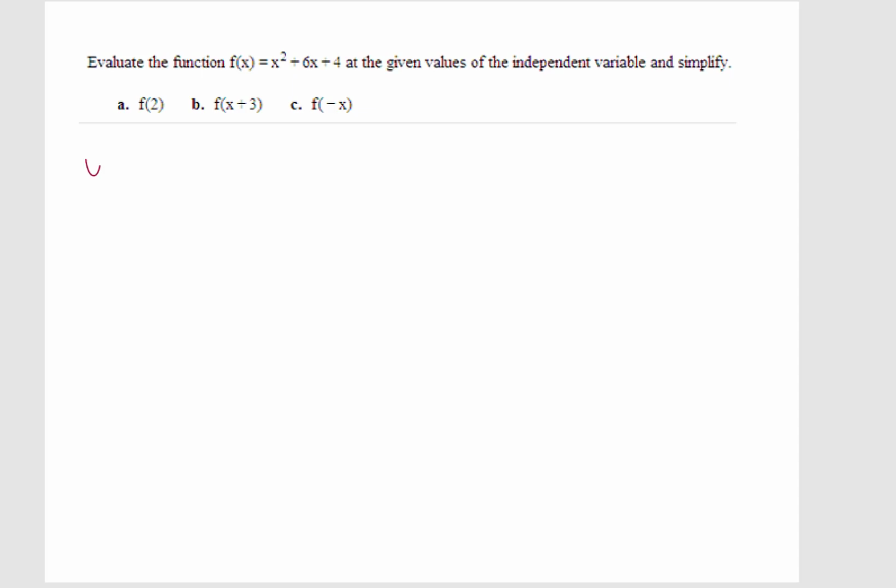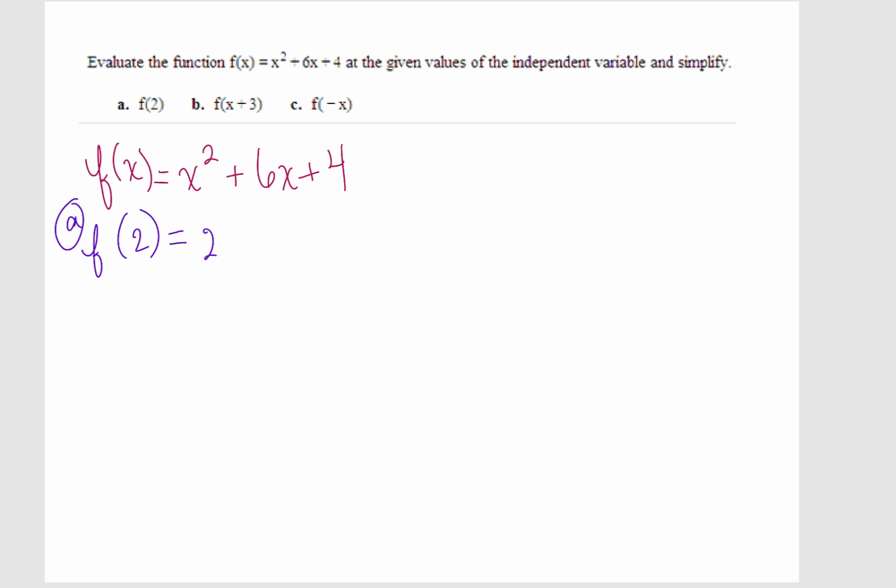So I'm going to write the function down here. f of x equals x squared plus 6x plus 4. And then they give us 2 as the input for part A. So every place that I see an x, I would just plug in a 2.